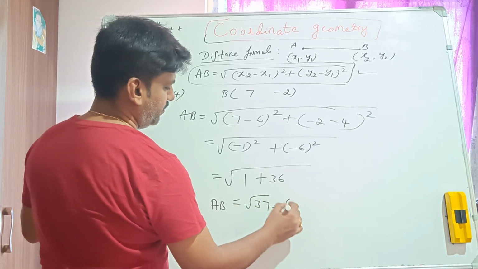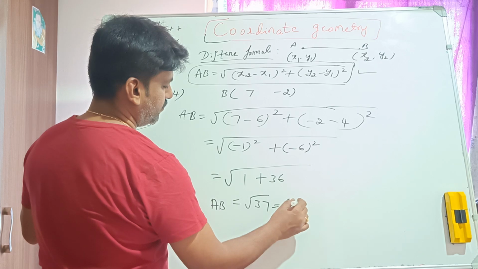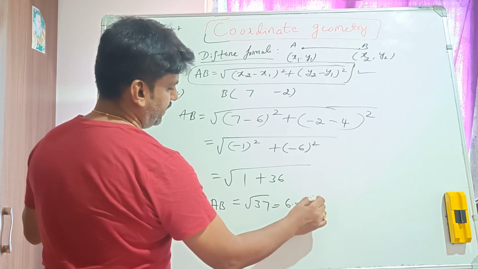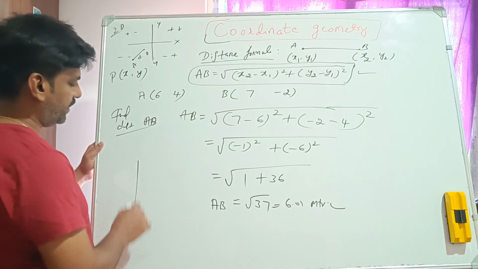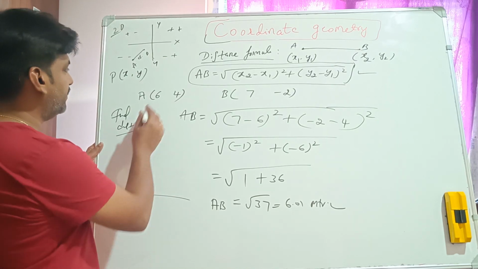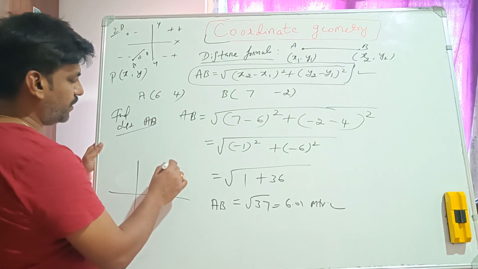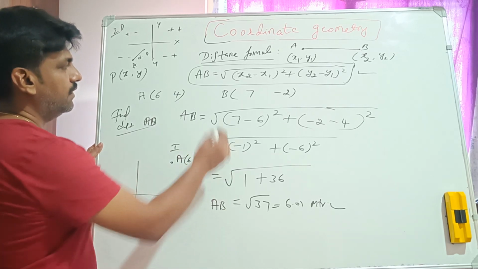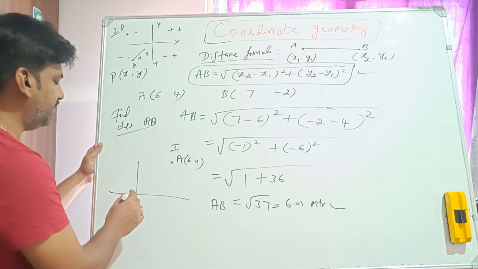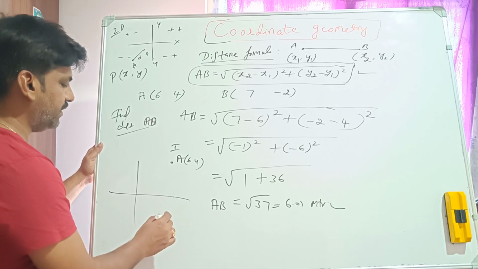So it is approximately 6.1 meter. The distance between these 2 points, the point we have taken is 6, 4. Where is 6, 4? Approximately here, because both are positive, which will fall in the first quadrant. And what is point B? Point B is 7 and minus 2, which is here, right?